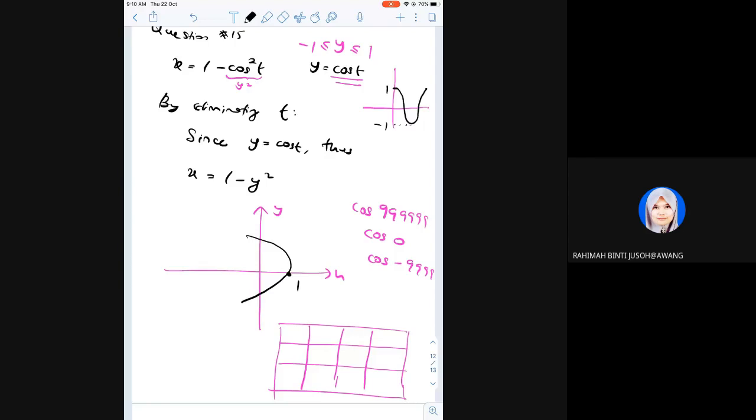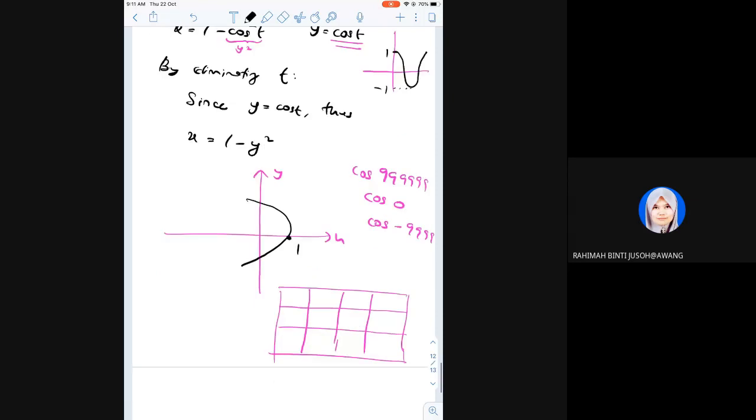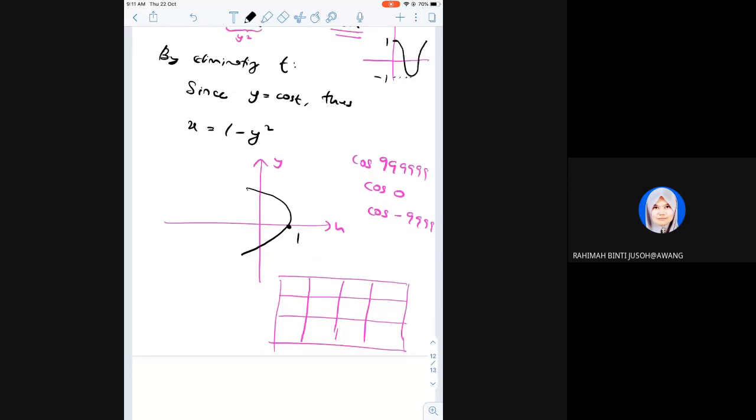So nilai y ni tak lebih daripada 1 dan tak kurang daripada negatif 1. Understand guys? Get my point here now? Okay. So automatically graf kita kat sini dia kena 1 and then bawah ni dia kena negatif 1. Tak boleh lebih daripada ni.